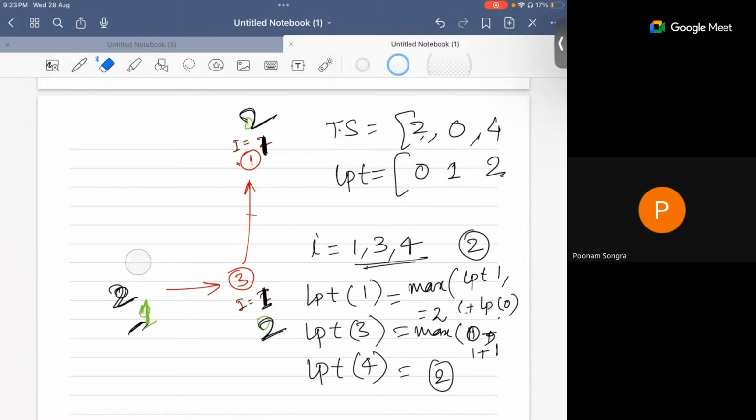So remove 4, remove all this, remove that edge also, and then update the in degree and longest path to 3, right? If you are updating the in degree, what is the in degree now? For 3 it is 0, right? And what is the longest path to 3?